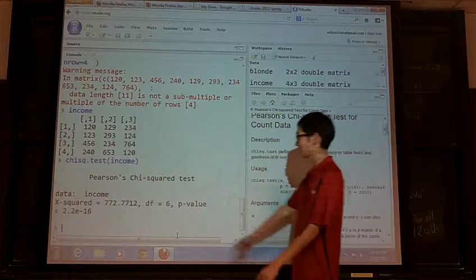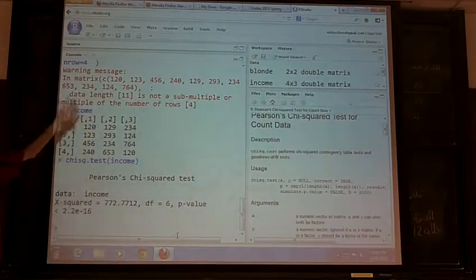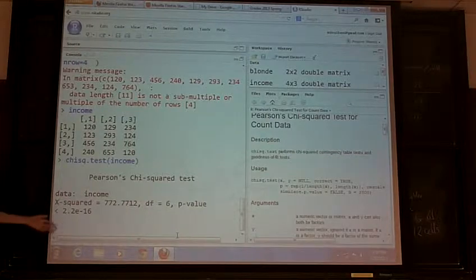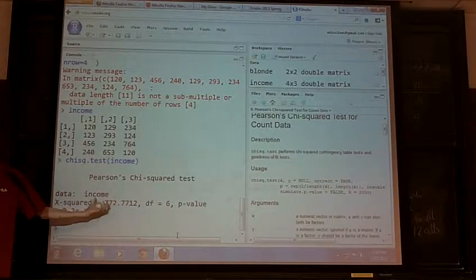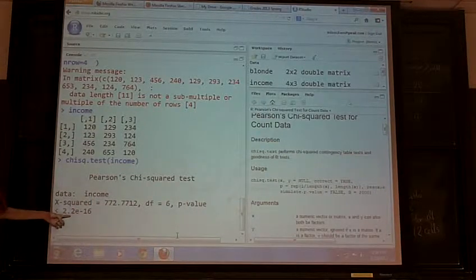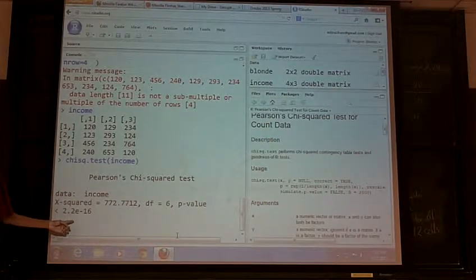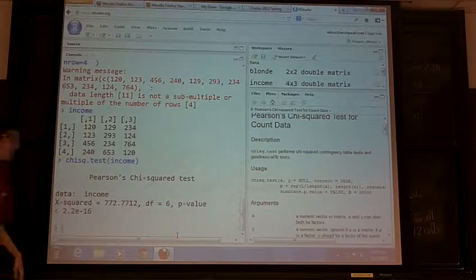It gives degrees of freedom 6, and some of my numbers must be way weird. It tells me my chi-squared statistic is 772, which is incredibly large. And it tells me my p-value is less than 2.2 times 10 to the negative 16. So that's like 15 zeros and then a 2.